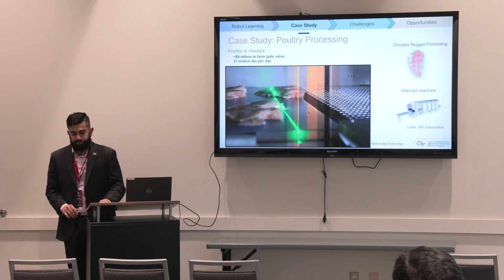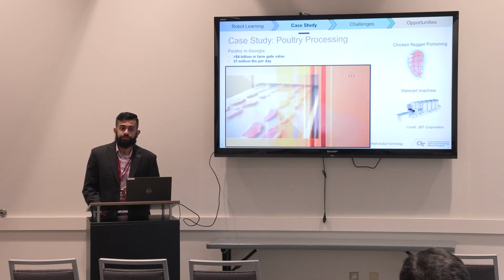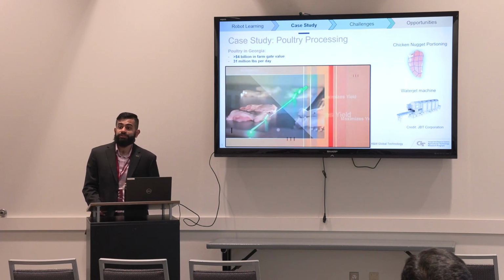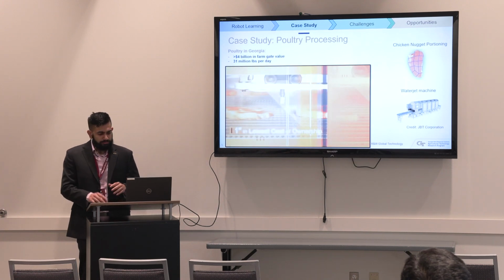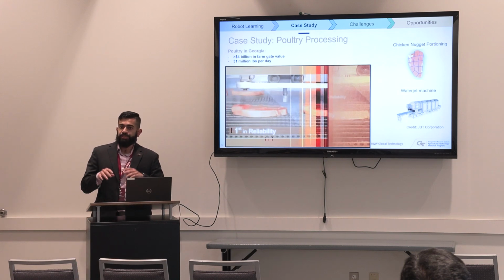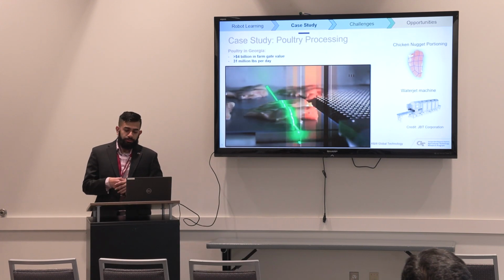So at Georgia Tech, we do a fair amount of research in poultry processing. Poultry is a huge industry in Georgia, over $4 billion in farm gate value and over $28 billion in total economic impact to the state of Georgia, right? So in poultry processing, there is a specific step where we have to portion out chicken breast into, say, chicken tenders or chicken nuggets, which is mostly automated.